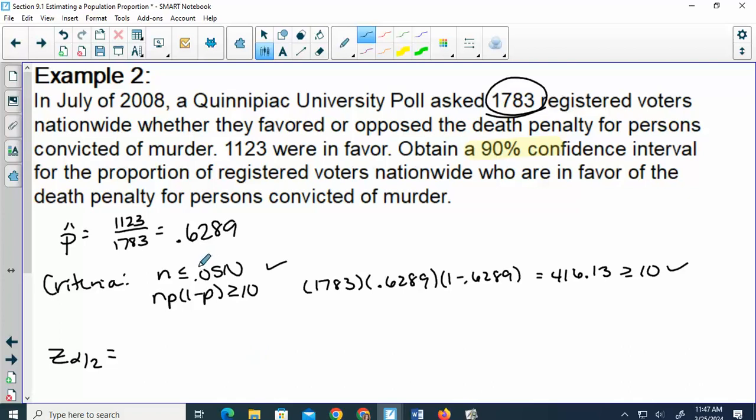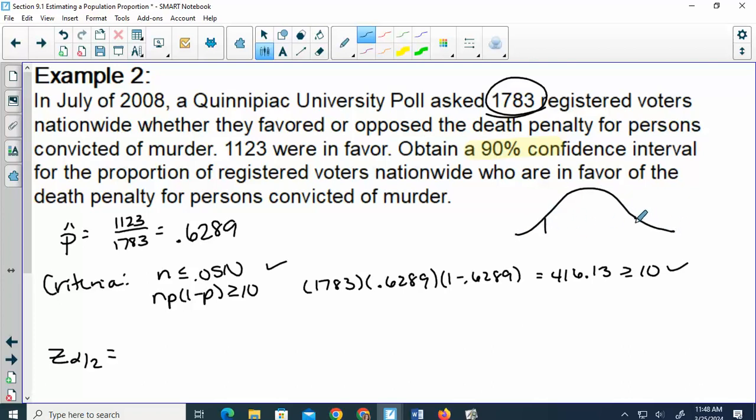So now we need our z alpha over 2. Alright, so look at your normal table. What we're trying to do is build a 90% confidence interval.